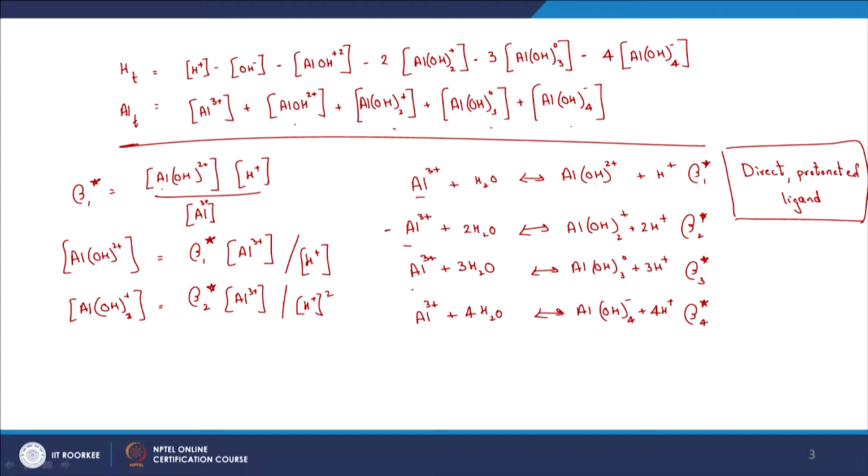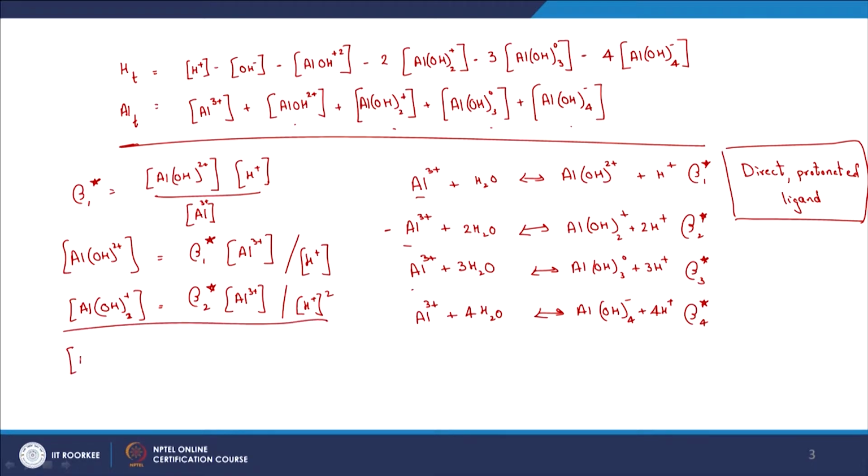It's equal to the product of the activities of your products, so AlOH twice plus charge to the coefficient, which is 1, into the concentration of H+ to the power of 2, by Al3+. So that's why we end up with this particular equation here.